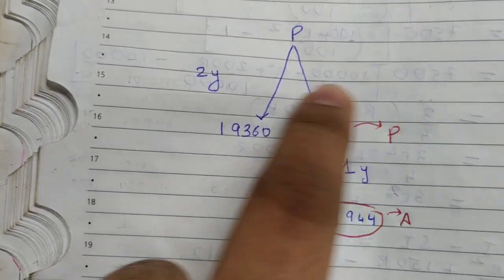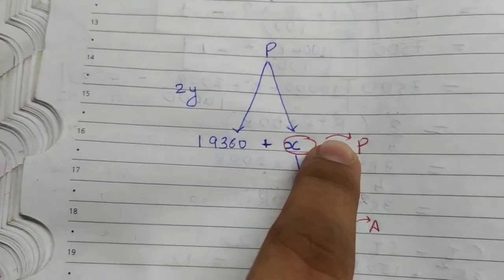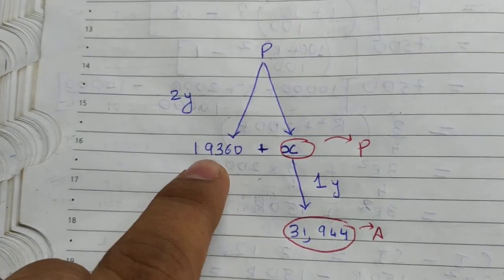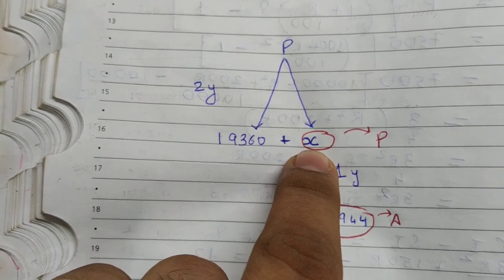So actually the total amount which he should have paid if he wanted to clear his debt after 2 years was 19,360 plus 29,040.